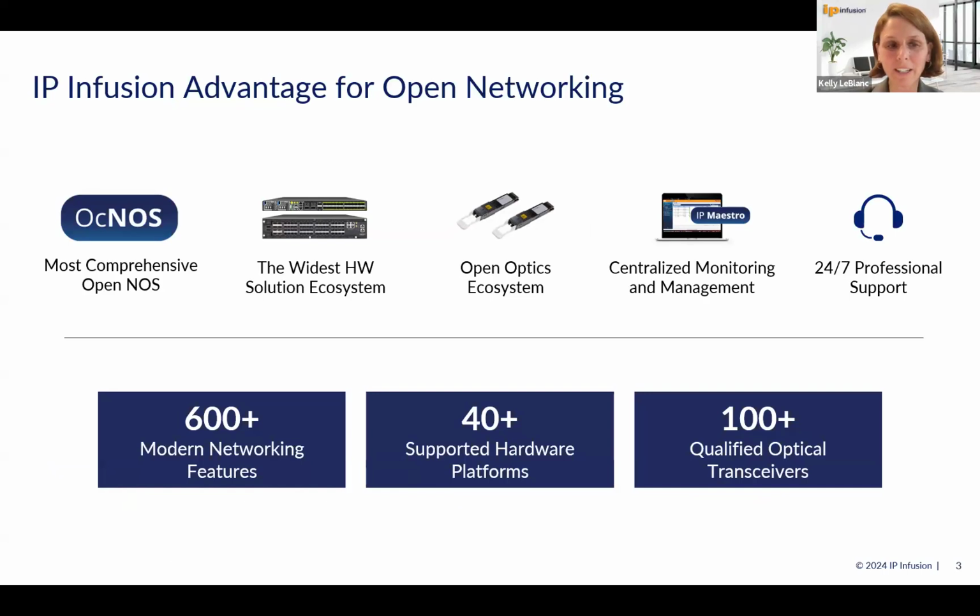OcNOS has over 600 modern networking features. We support over 40 hardware platforms and have qualified over 100 optical transceivers. This year, we have introduced our IP Maestro network management platform, which delivers a point-and-click GUI for OcNOS to bring really easy management to open networking.